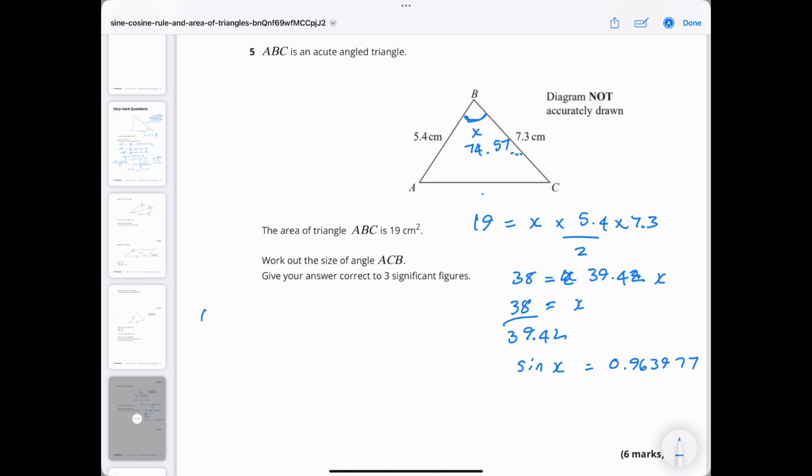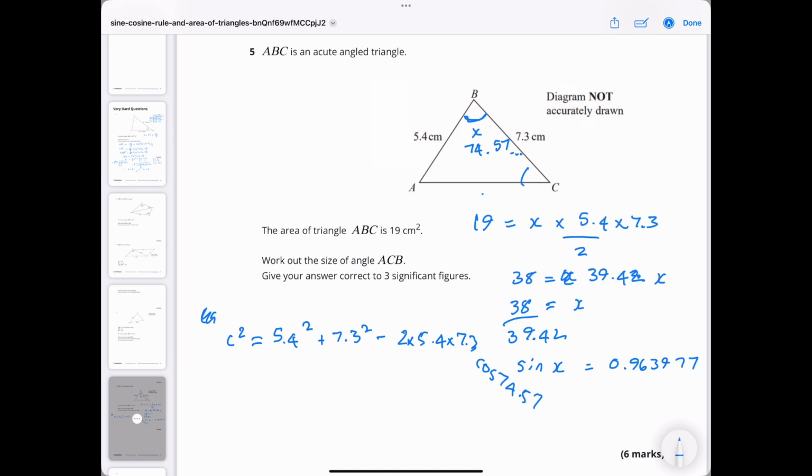So that means c squared equals 5.4 squared plus 7.3 squared minus 2 times 5.4 times 7.3 times cos 74.57. I am losing the will to live. Now let's put in the square root of all of this, and that will give us that, and then we can use that to find this one.